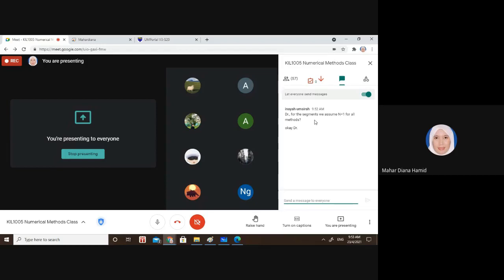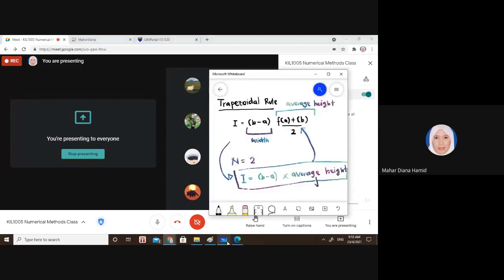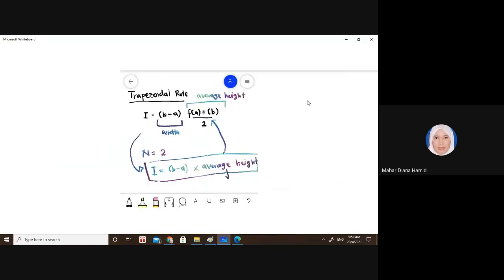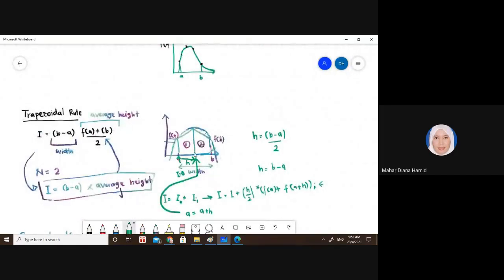So if we have more segments, by right, it would be much more accurate due to the fact that if you refer back to this graphical representation, you will see that if we only have one segment, it would be something like this.